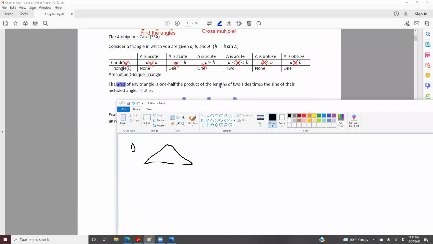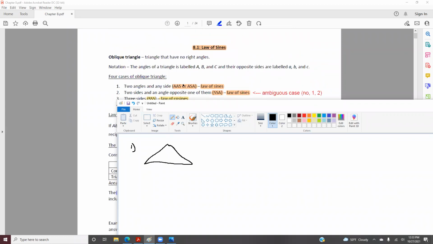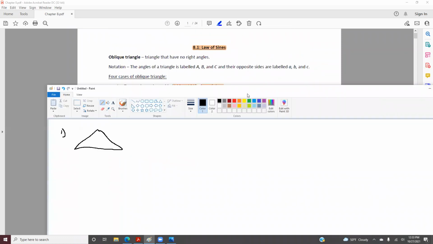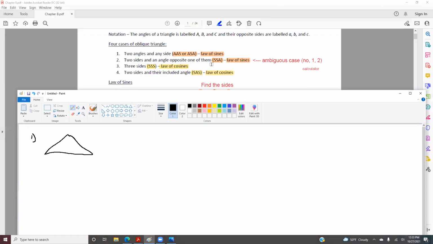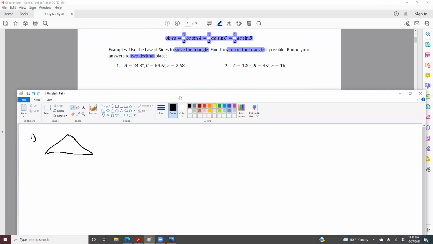It will tell you what kind of triangle it is, whether AAS or ASA or SSA or something else like that, and then you know what kind of law to use. Because you know that 8.1 is all law of sine and 8.2 is law of cosine, but in the test, everything is mixed up. I don't tell you this is law of sine, this is law of cosine, you have to figure it out.